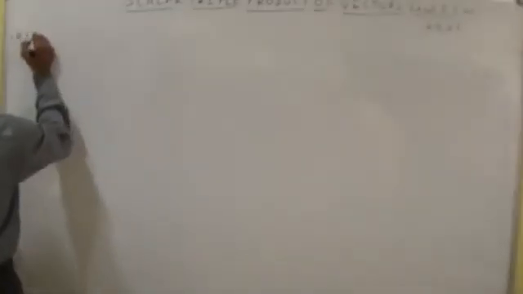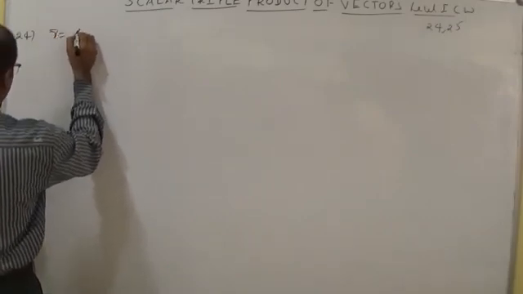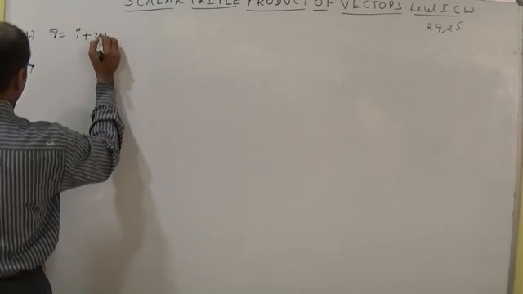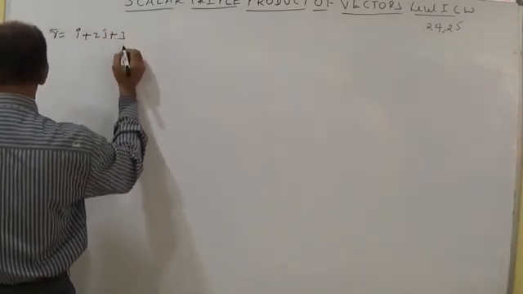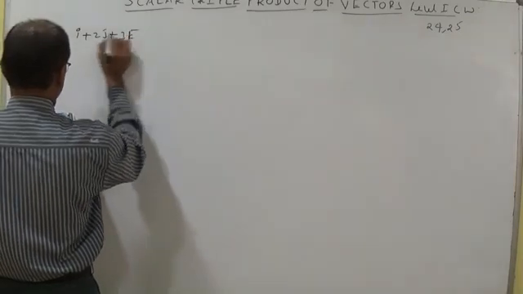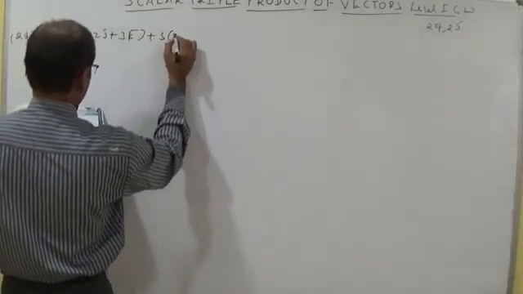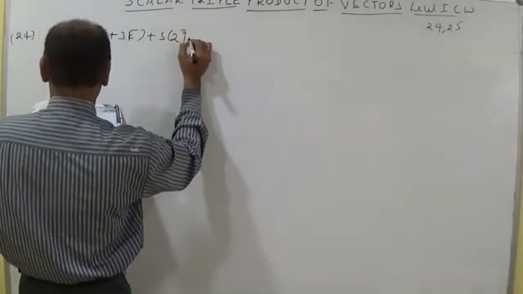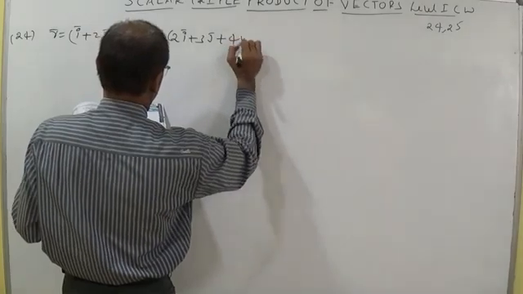24th question, the shortest distance between skew lines. Of course, the question did not say the lines are skew, but we should understand from the given data that they are skew lines. r bar equal to i bar plus 2j bar plus 3k bar plus s into (2i bar plus 3j bar plus 4k bar).